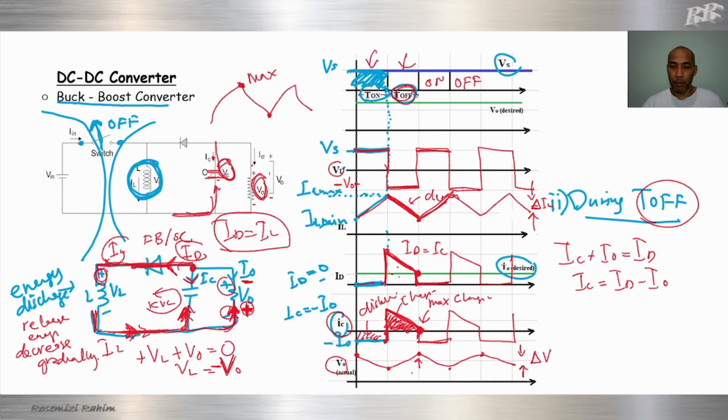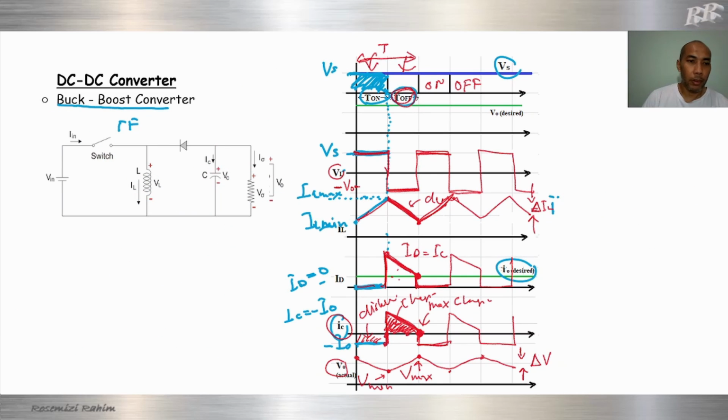This one is maximum V out, this one is minimum V out. That is during the off period, so the total is T. Next we will study how to calculate each parameter, for example L, C, and V out.